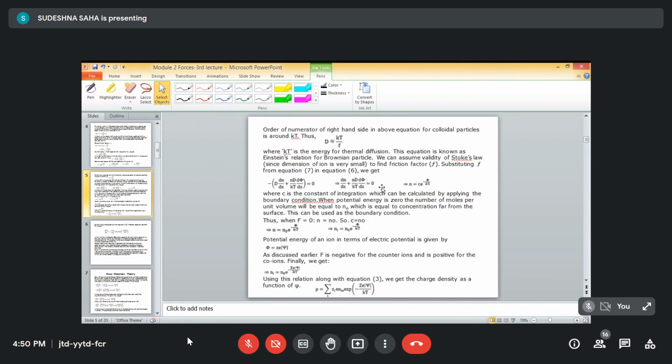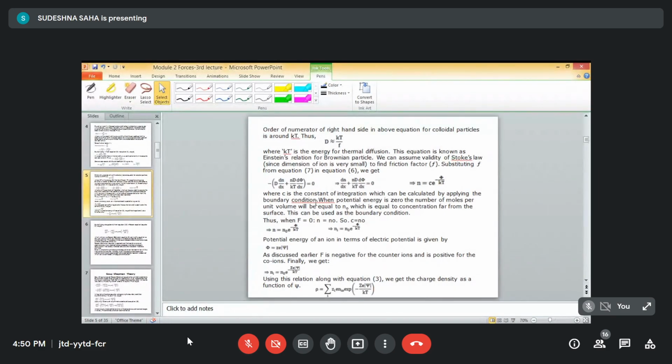Just simplifying it, you will obtain n equals c e to the power phi by kT. This c is the constant of integration, which can be calculated by applying the boundary condition. When the potential energy is 0, the number of ions per unit volume will be equal to n naught, which is the concentration far from the surface.